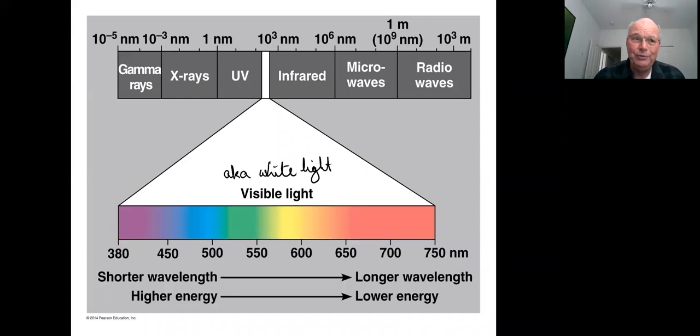Now, some forms of life, most notably insects and some birds, can see in wavelengths either side of the visible wavelength. So insects particularly can see down into the ultraviolet. Birds can see a little bit into the infrared, and some birds can see down into the ultraviolet as well.